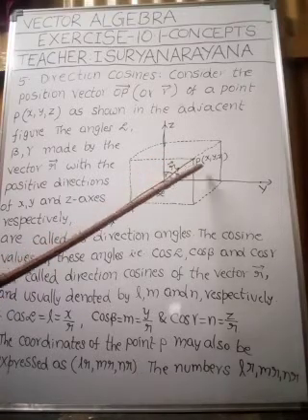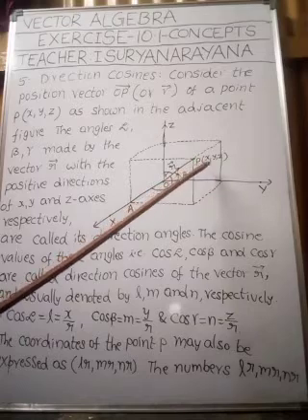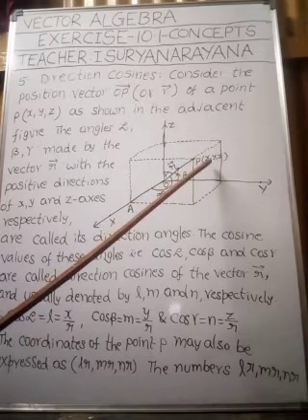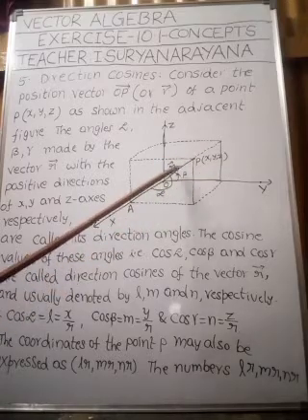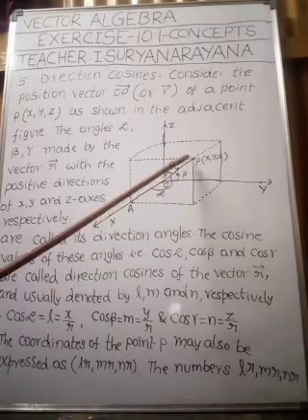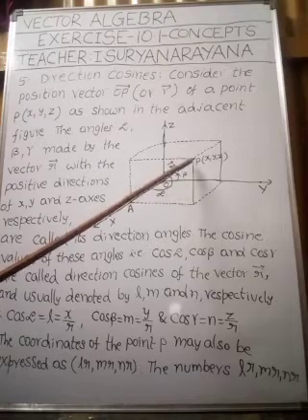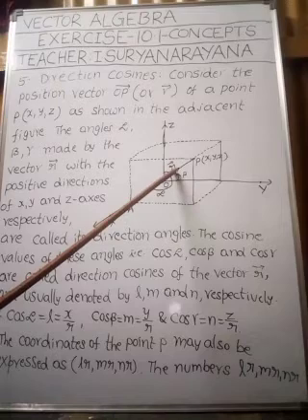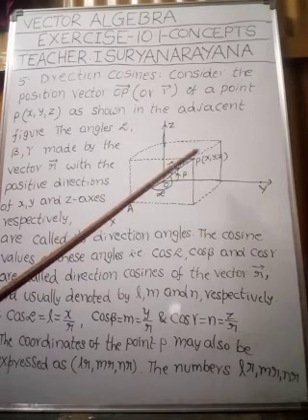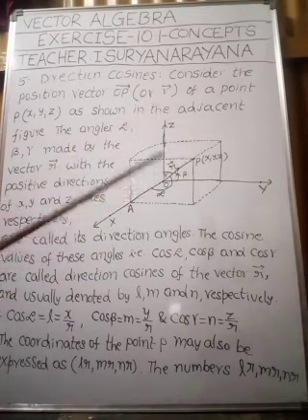Here P is a point in space with coordinates x, y, z. If you join the origin and this point with the direction O to P, then we get the position vector of the point P. It is denoted by R bar. We have discussed all these points in the previous point. Yes or no, my children?